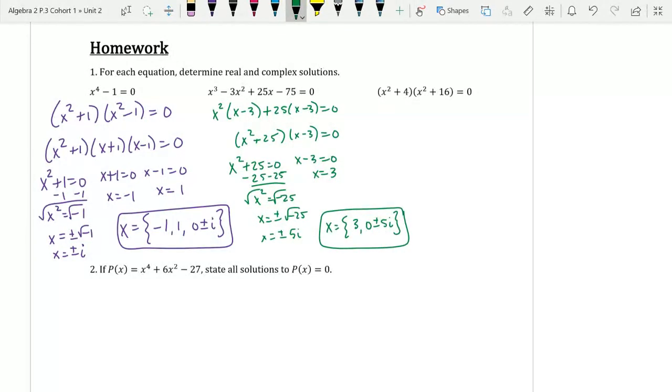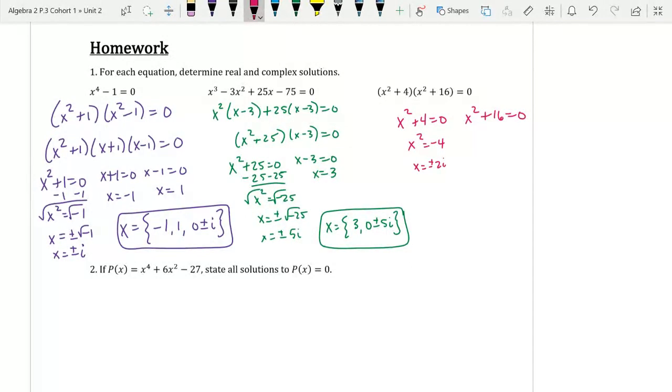For the last one, it's kind of factored already, but I can't factor it anymore because I would have to use a complex number to factor each of those. So just set each part equal to 0. So I'm going to get x squared equals negative 4, so x equals plus or minus 2i.